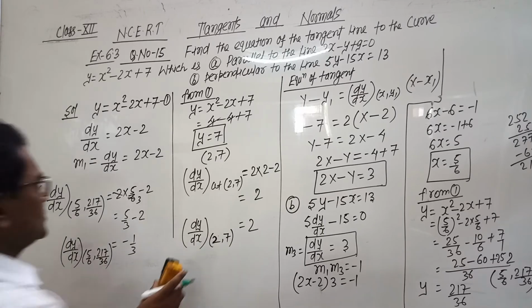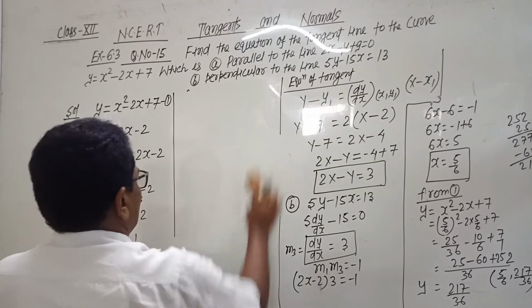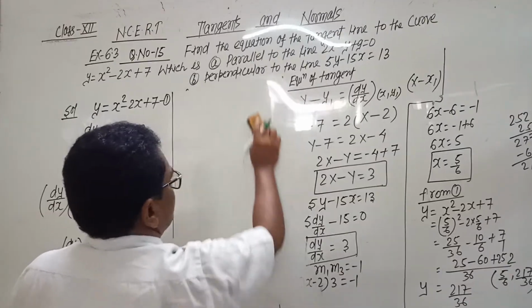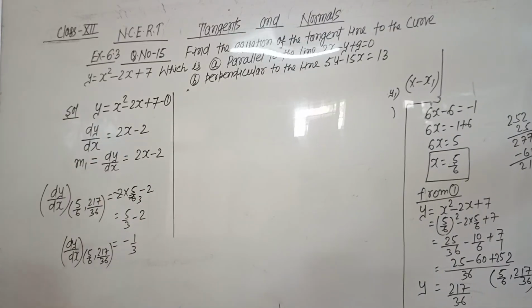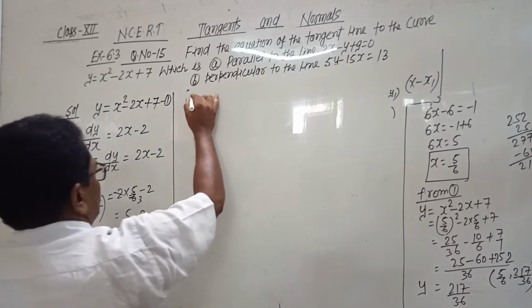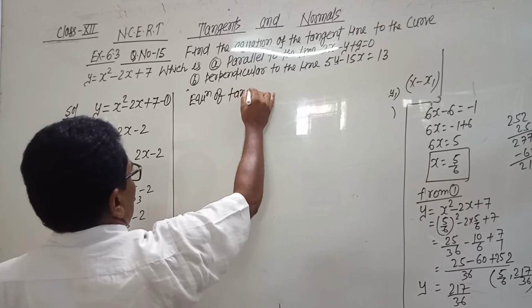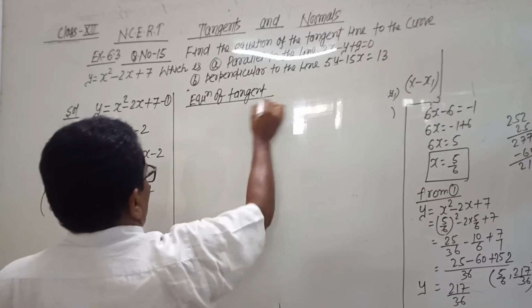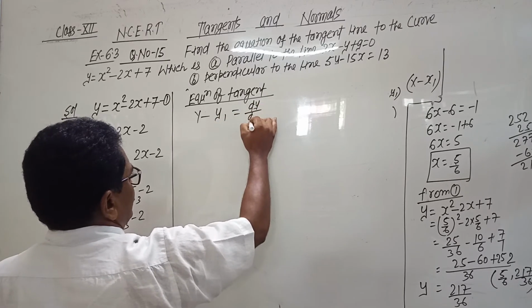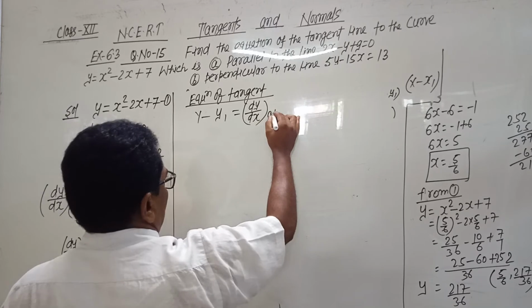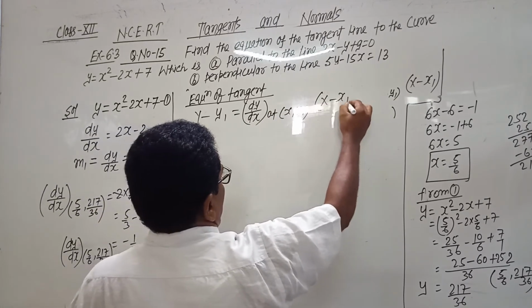Then we find the equation of the tangent. For the second case, y minus y1 equals dy by dx at (x1, y1) times x minus x1.